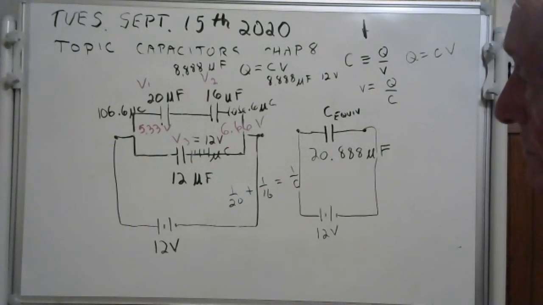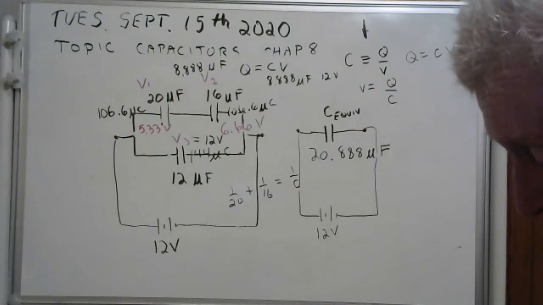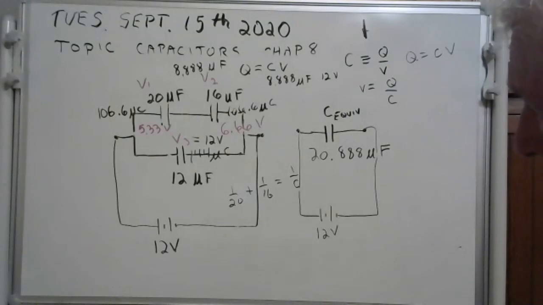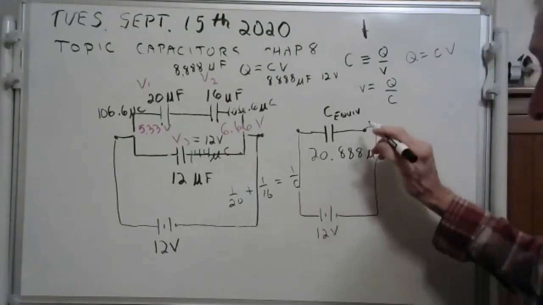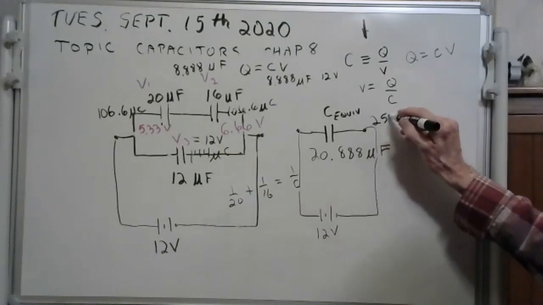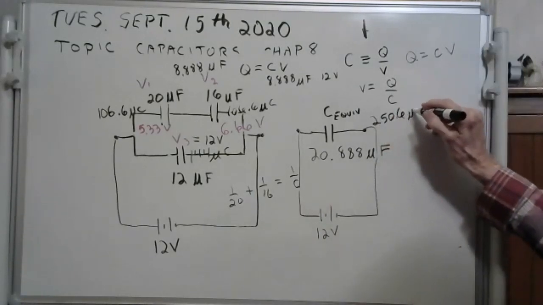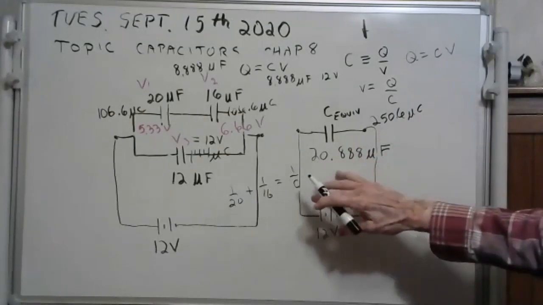My calculator knows. 106.6 plus 144, I get a total of 250.6 microcoulombs. That's what you should get with this one.